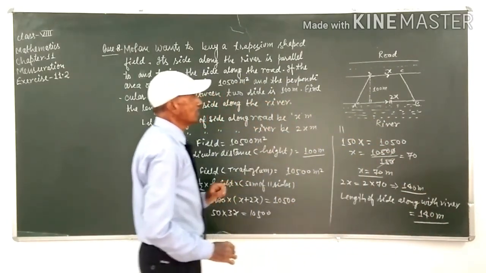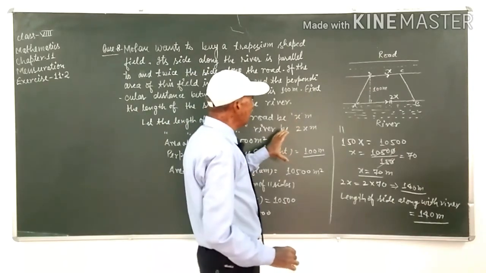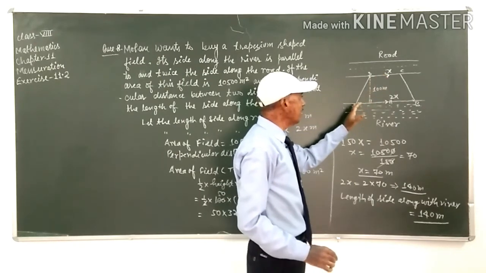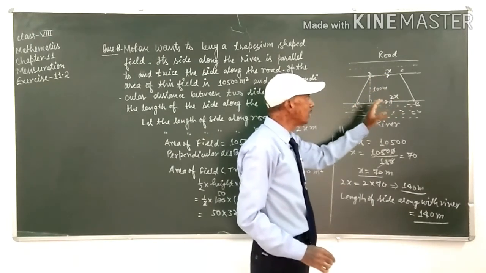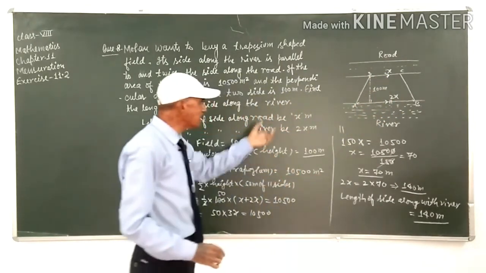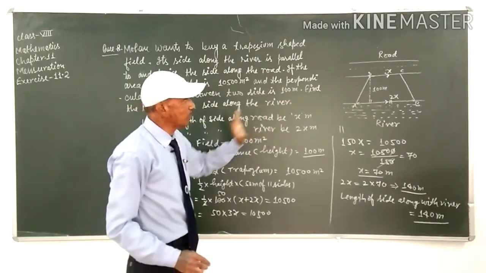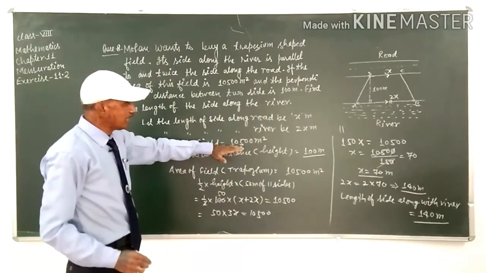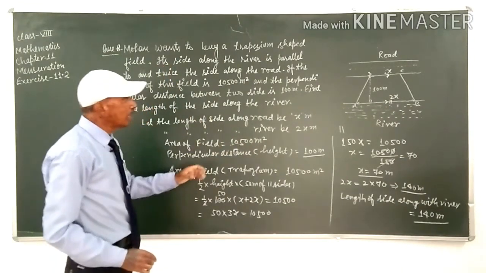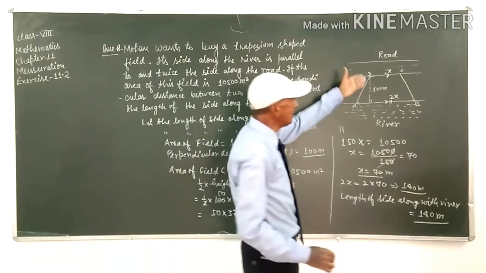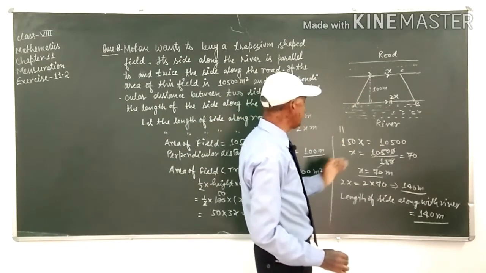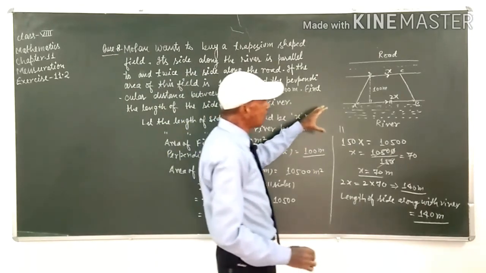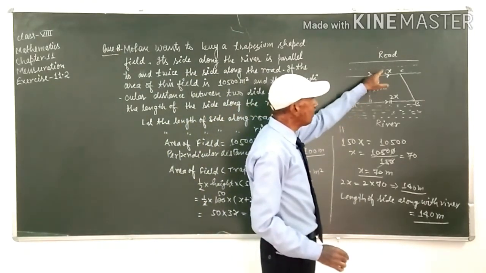In this question student, first of all we have to assume that side along the road be x and the side along the river be 2x. So these are the parallel sides x and 2x, and the area of this field is given, that is 10,500 meter square, and perpendicular distance between these two parallel sides is also given, that is 100 meter, and we have to find out the value of x.